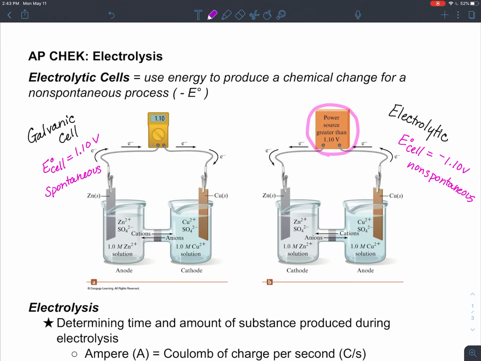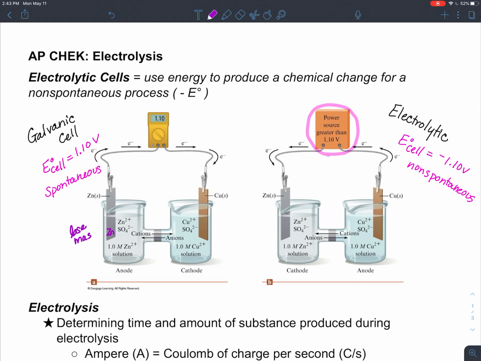In the one on the left, if we want to think about how these substances are changing, not just the transfer of electrons, but what's happening to the stuff at the anode and the cathode. In this first one, we have zinc, and I'm going to draw zinc down here as well. We have zinc in our anode itself, so we're going to be losing mass.